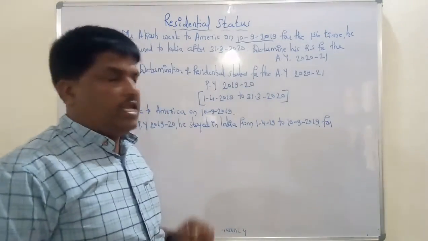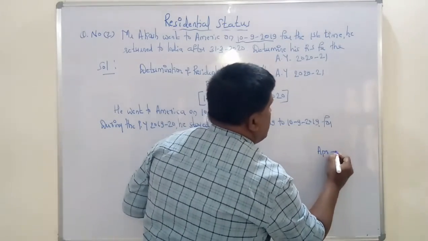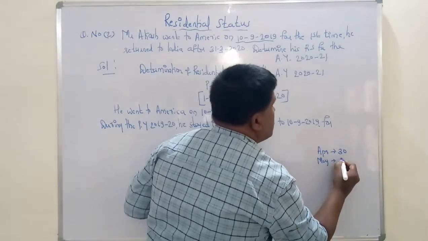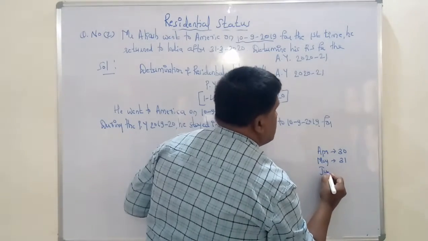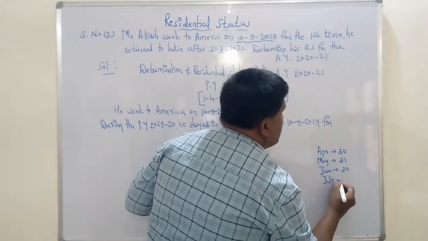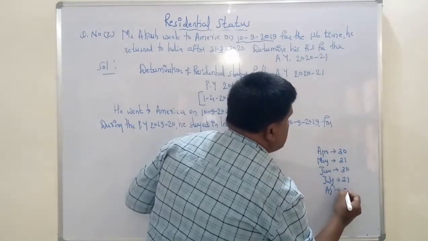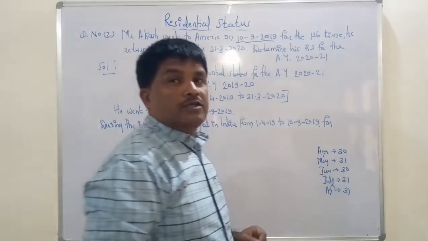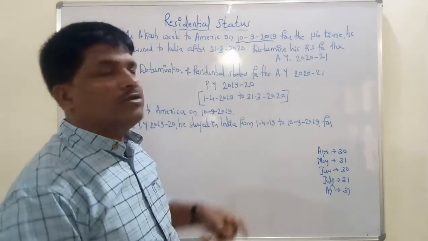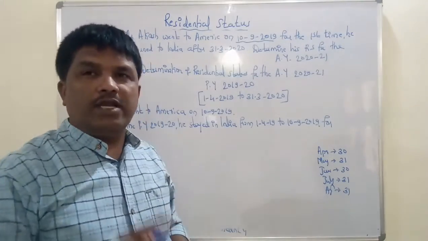Once again you count the days. First one, April 30 days, May 31 days, June 30 days, July 31 days, August 31 days. So then September is very important one. On which date he left India? 10/9/2019. It means during the month of September he stayed in India for only 10 days.